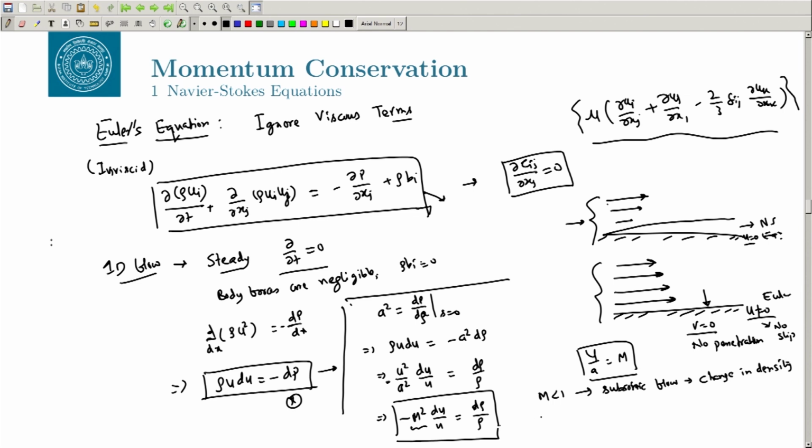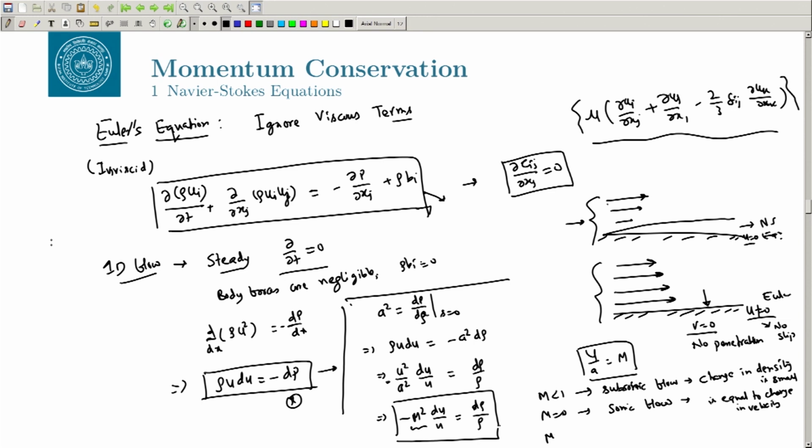When Mach is equal to 1, which is the sonic flow, your change in density is basically equal to the change in velocity. If you change the velocity by a certain amount, the density will also change proportionally by the same amount.